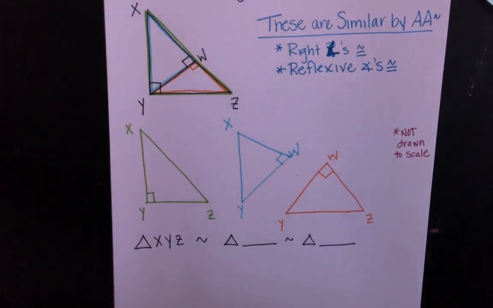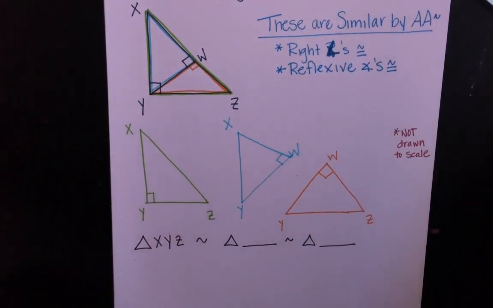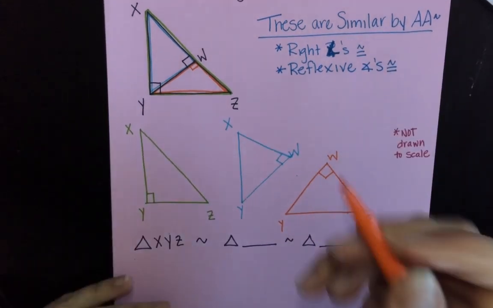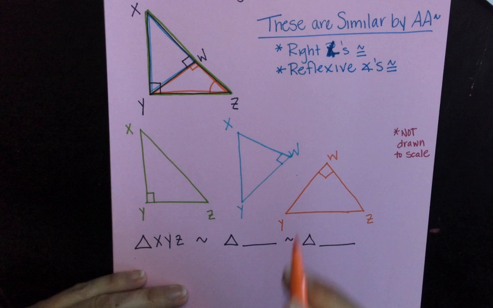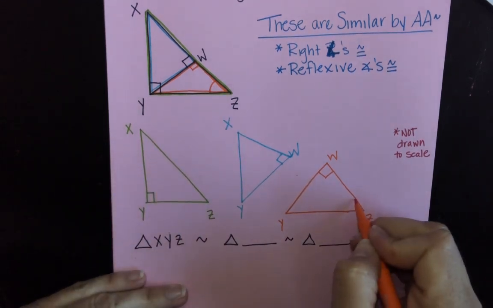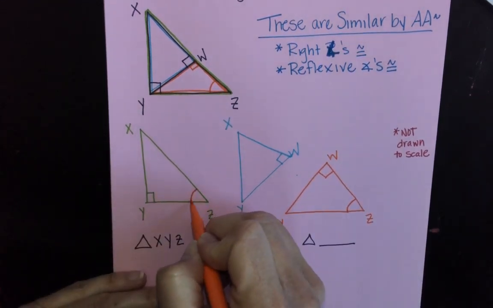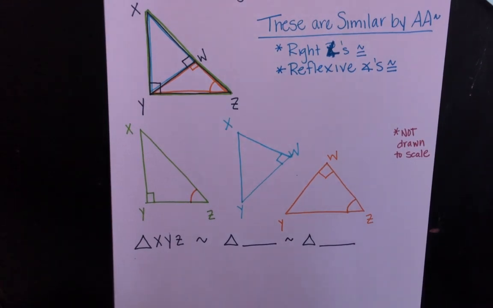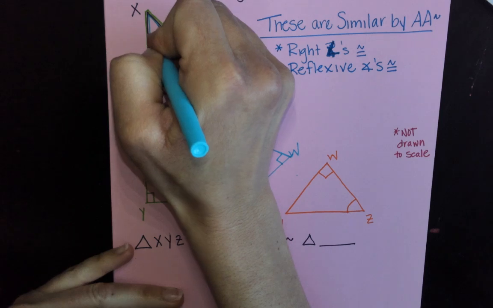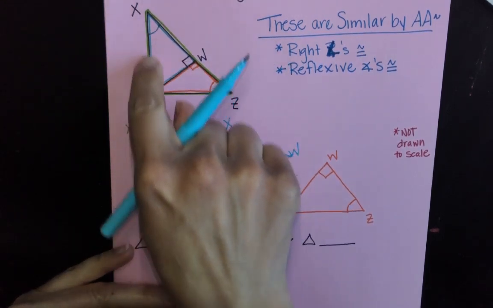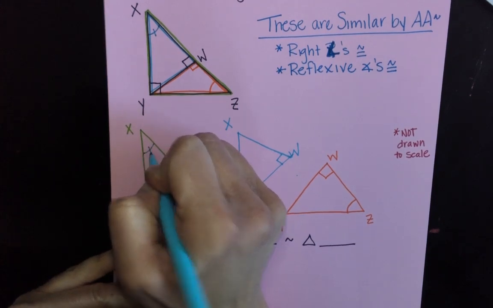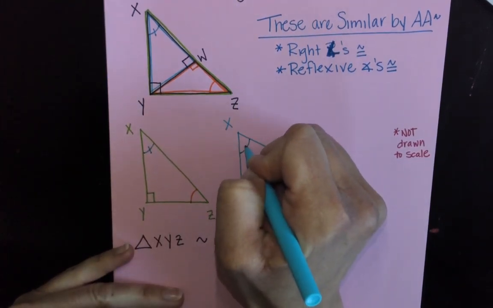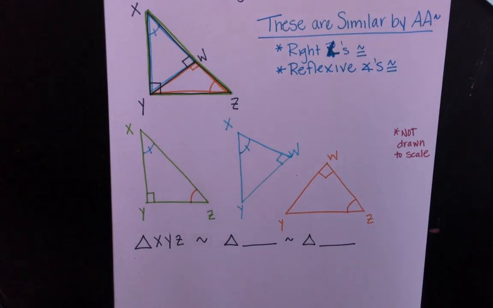So right here at angle Z, this one has a certain measure, but wherever I see angle Z, that's got to be the same measure. And when I look up here at angle X, I know this guy's reflexive because it's used in the blue and in the green. So wherever I see angle X, I now know that guy has to get that measure.